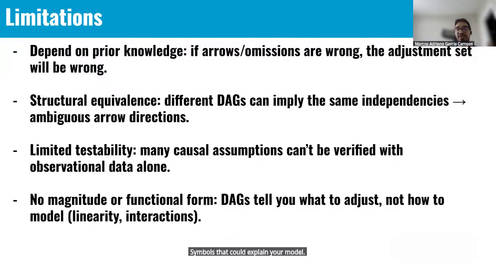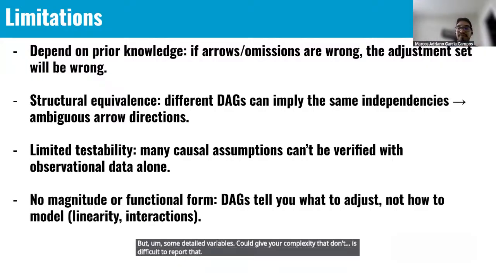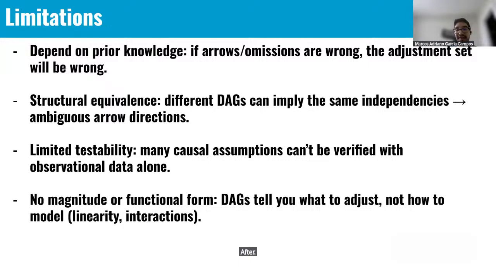For example, we saw alcohol use in pregnancy and low birth weight. Smoking is a good option to put here, but some detailed variables could give you a complexity that is difficult to report afterwards. So we have a lot of variables that we could set there, but in reality it is difficult to report this.